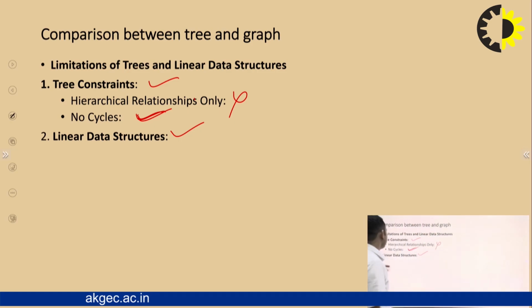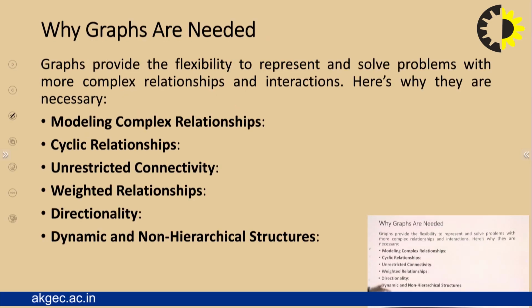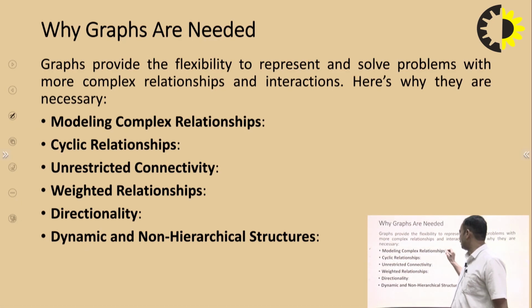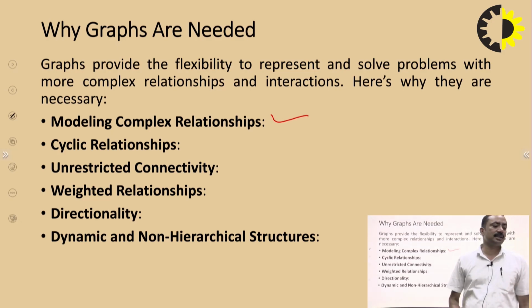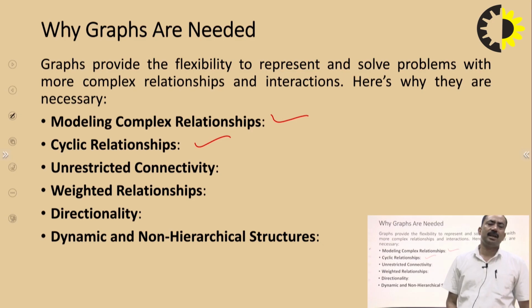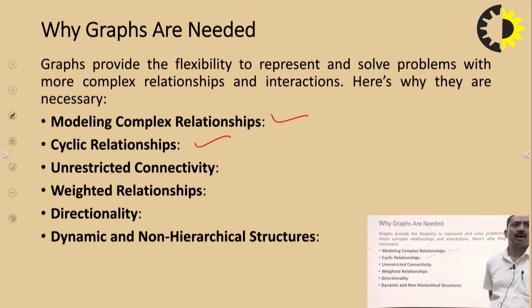And why are graphs needed? So these are the necessities why graphs are needed. For modeling complex relationships, we can maintain complex relationships like many-to-many relationships. Cyclic relationships: a graph allows cycles and enables the modeling of systems with feedback loops.